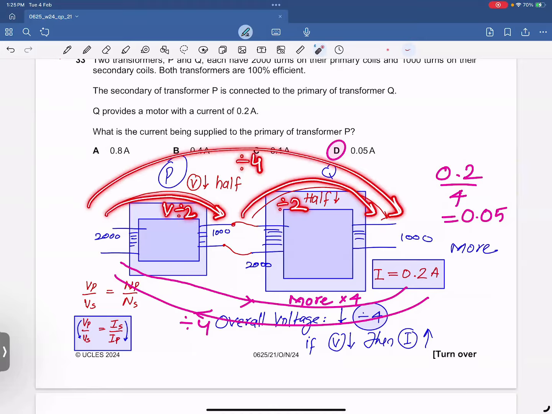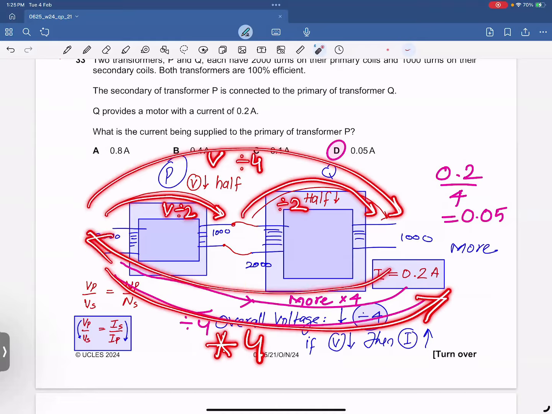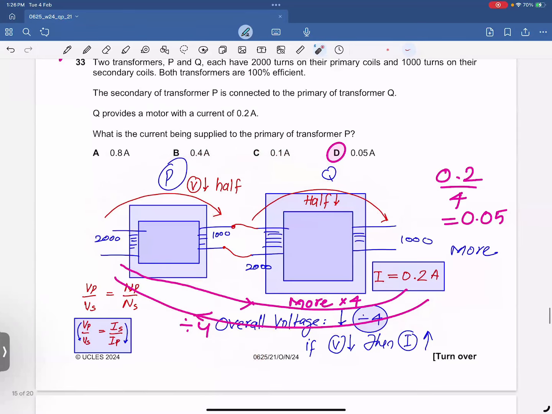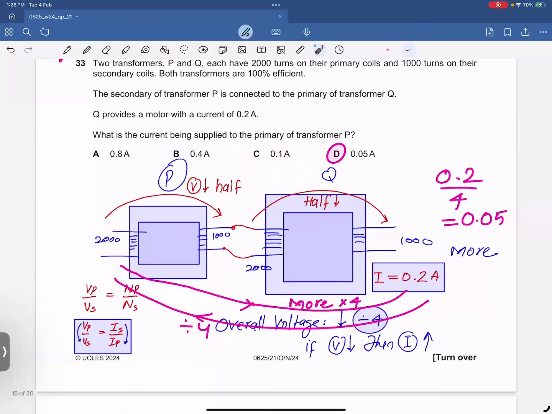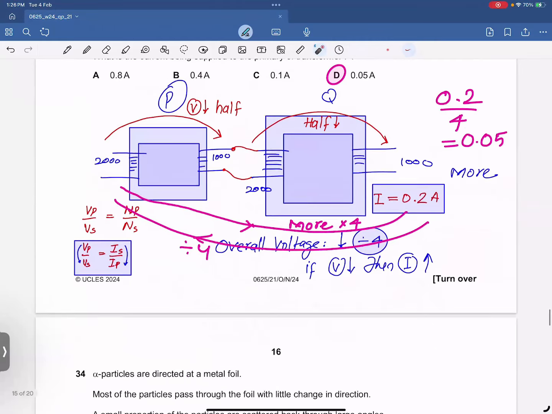If overall voltage is divided by 4, overall current is supposed to be multiplied by 4. So output current is 4 times more than input. If output is times 4, input will be divided by 4. It's a good question, and you should come back and watch this again. We go to the next question, 34.